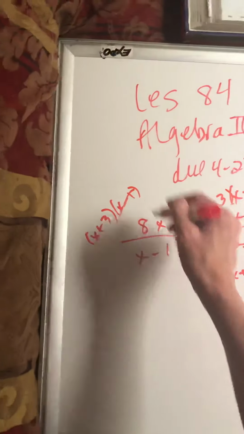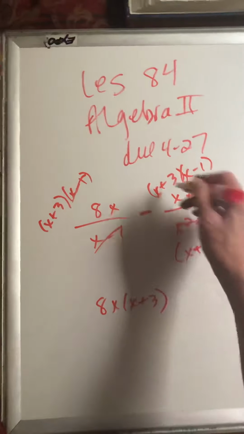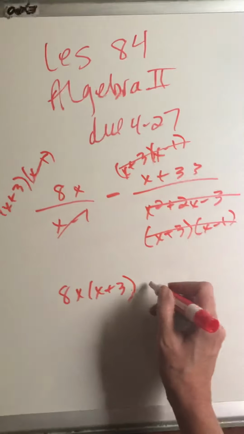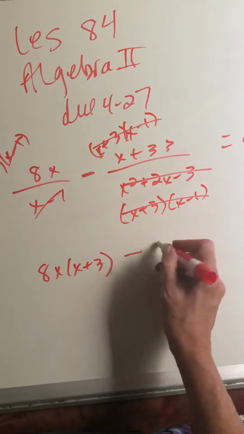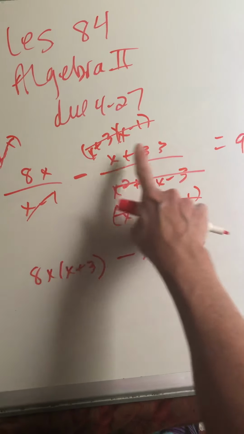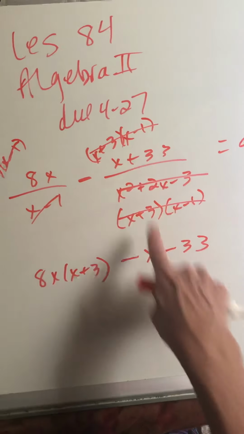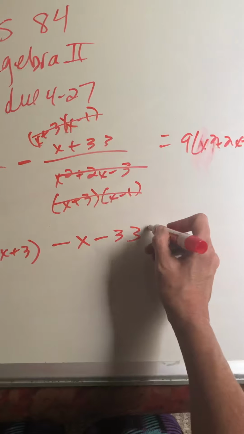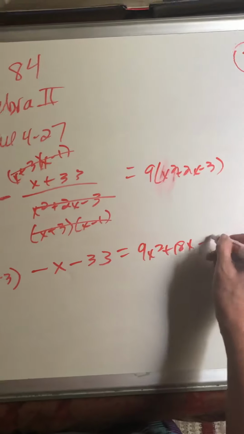First one, x minus 1 cancels, so I'd have 8x times x plus 3. Second one, everything cancels, so I have, watch this, pay attention, minus x minus 33, because that subtraction sign has to go through. Minus x minus 33 equals 9x squared plus 18x minus 27.